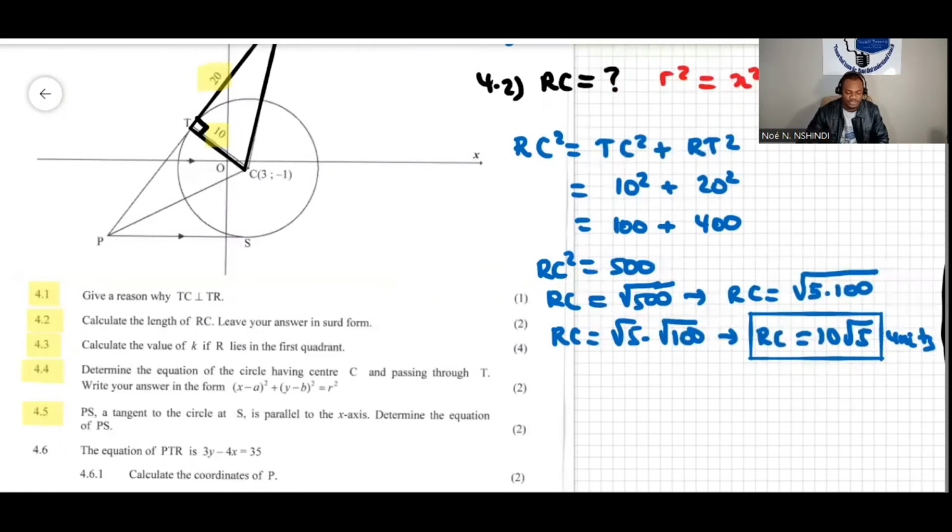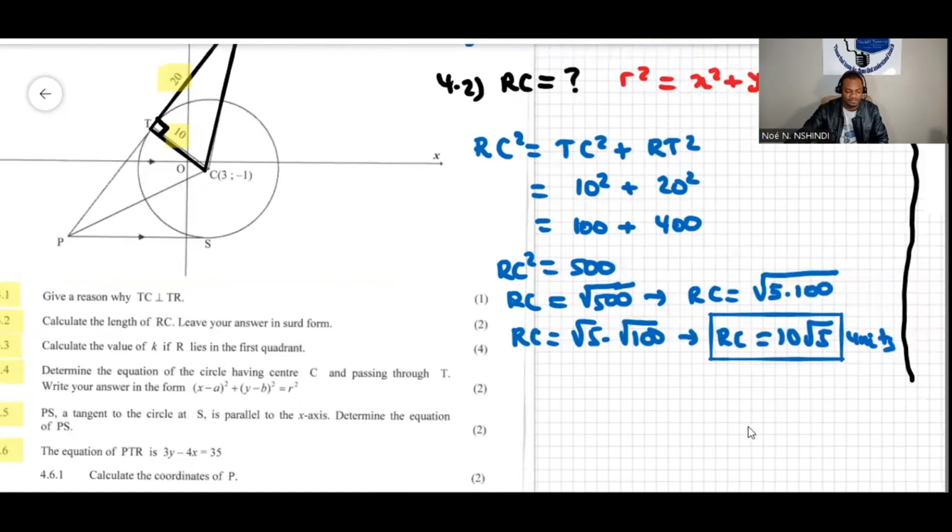Question 4.6. The question says, the equation of PTR is 3y minus 4x equal to 35. Now calculate the coordinates of P, and then calculate, giving a reason, the length of PT. So I'm gonna move my board over here.